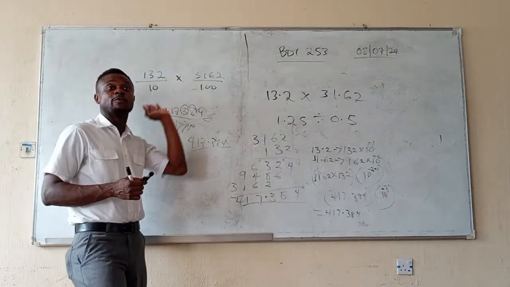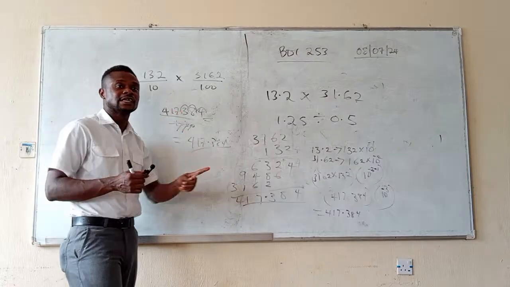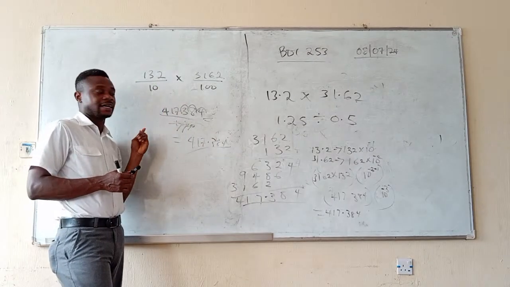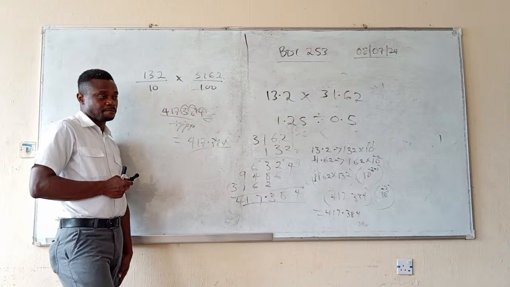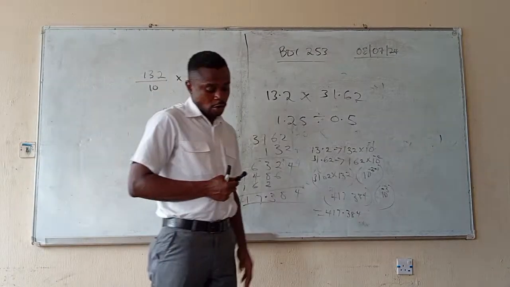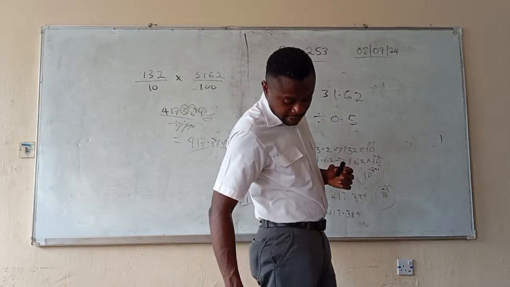You carry out the operation. After that, you do decimal movement and move it back to appear in decimal form. So any confusion here?